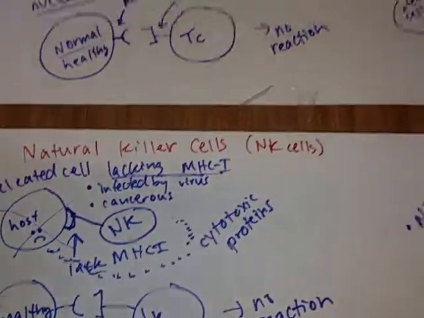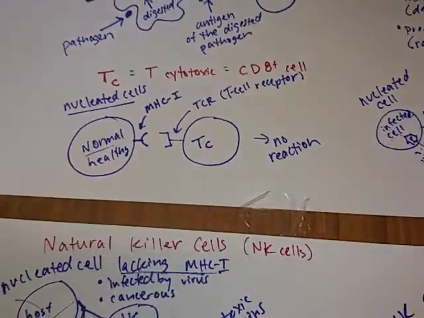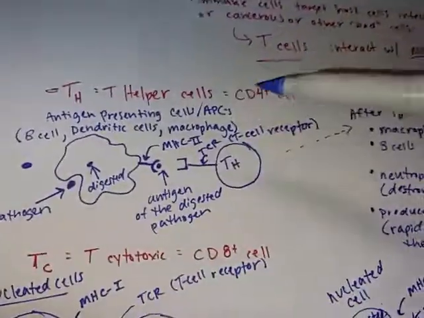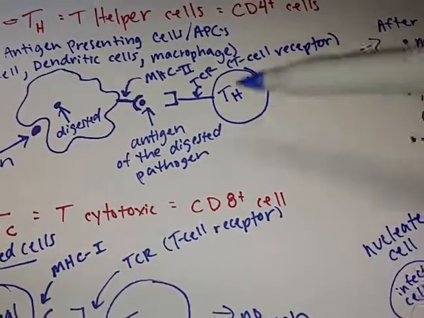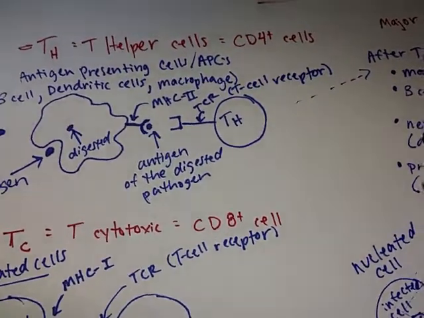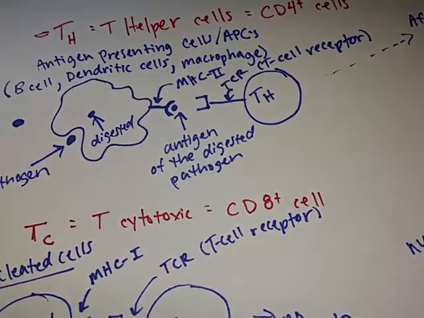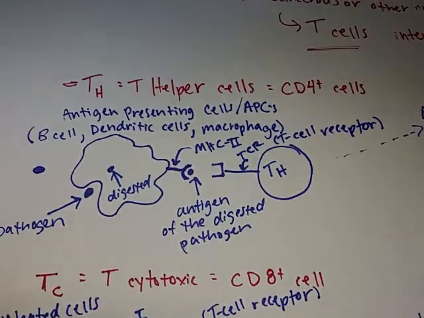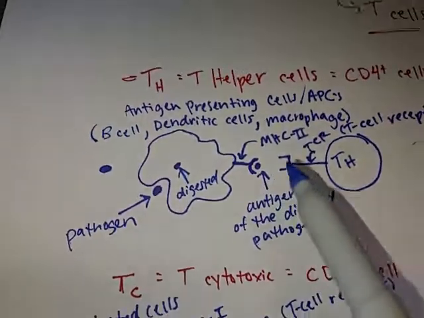Okay. But let's quickly review the differences again between the T helper cell, T cytotoxic, and natural killers. T helper cells are useful in trying to kill off different viruses, different bacteria, that type of thing that hasn't quite gotten into the host cell, but maybe could at some point.